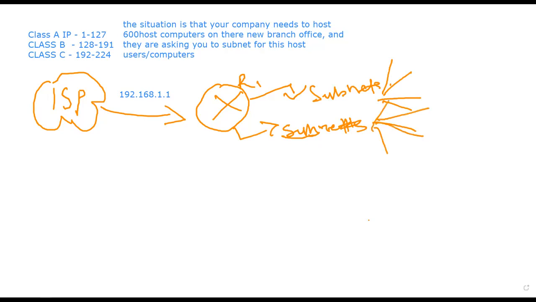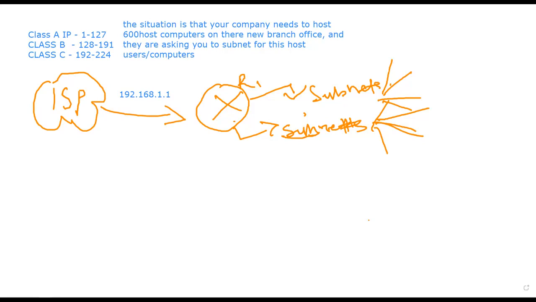We do not know how you want to do this. This is what you are expected to do. This is what the router will do for you by subnetting an IP address that would work with this ISP provider and that would supply all of these 600 client computers on this new network.